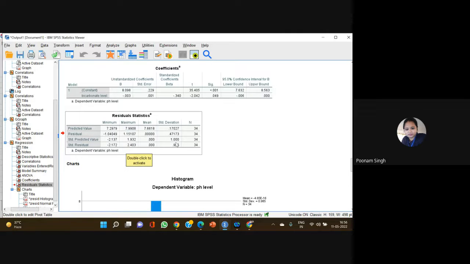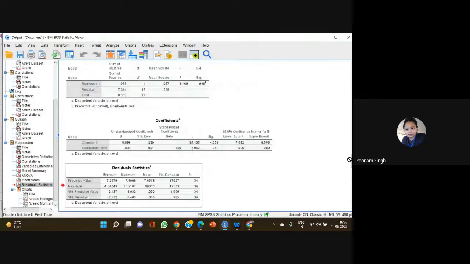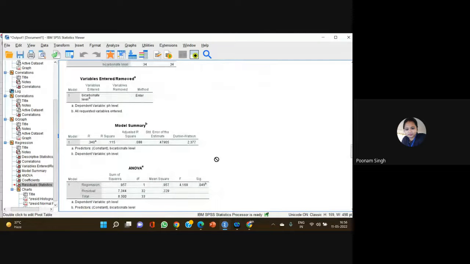Now we will check for independence of observation. For that we need to check independence of errors using the Durbin-Watson test. So let's see where the Durbin-Watson box is. Here it is, in the model summary. This is Durbin-Watson.